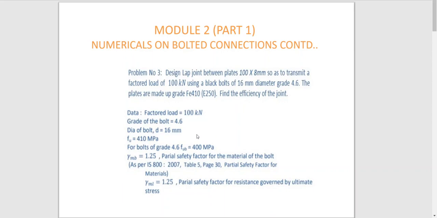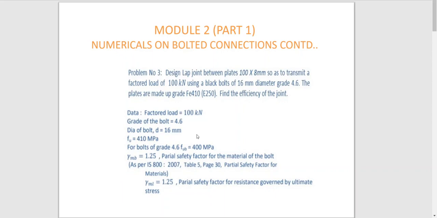In this session you will come to know how to design a bolted connection joint, simple bolted connection joints. First we will solve the lap joint problem. That is problem number 3.